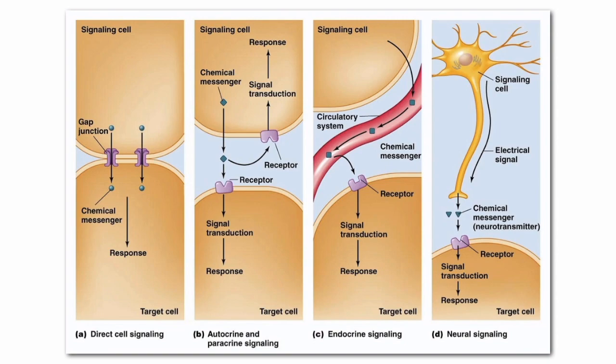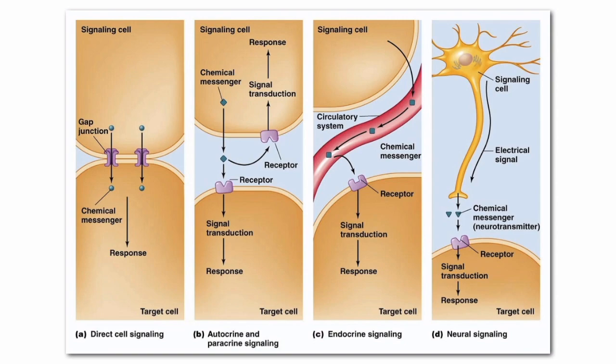And there's also autocrine communication where the chemical released from the signaling cell not only affects target cells, it also affects itself as well and leads to changes in itself. We see this in monocytes, B cells, T cells.